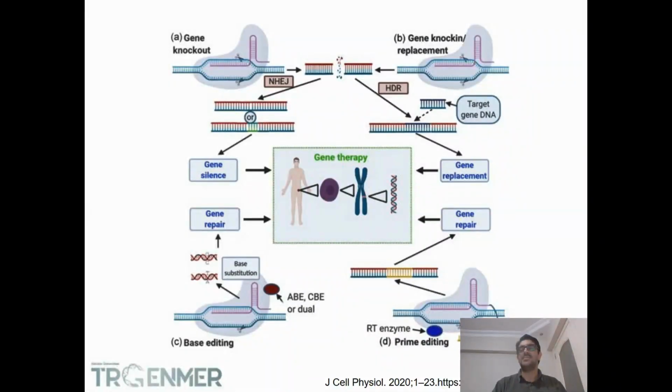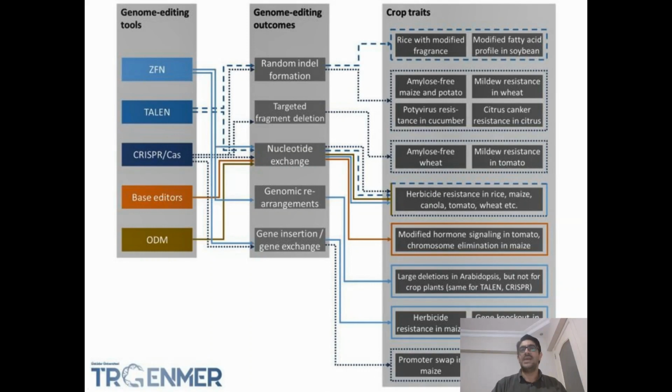Both systems are applicable for genetic modifications, especially for single nucleotide polymorphisms, not only for human disease, but also plant and animal mutagenesis studies are getting important, because when we look at the plant traits or crop traits, you can use the base editing systems to make the nucleotide exchange, and with the help of this system, you can improve herbicide resistance.